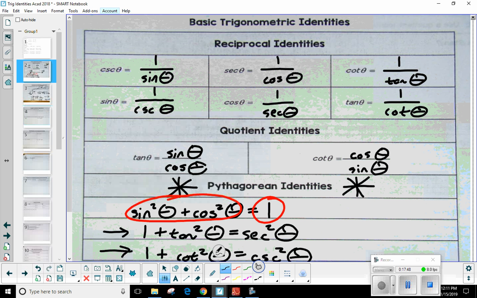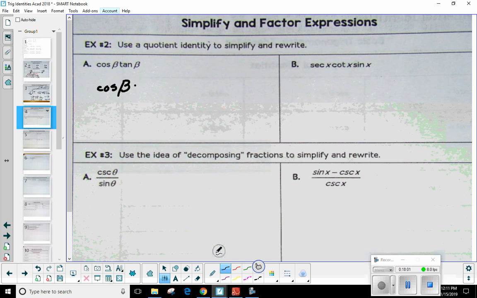Let's see. If I come back over here, the quotient identity. So what should tangent of beta equal? Now, with what variable? Beta. See, that stays the same. So it should be, according to that rule, sine of beta over cosine of beta. Now, do you notice anything that can happen?